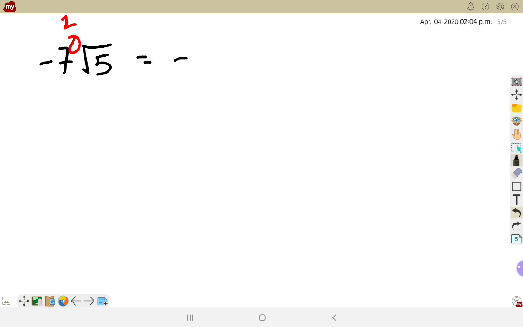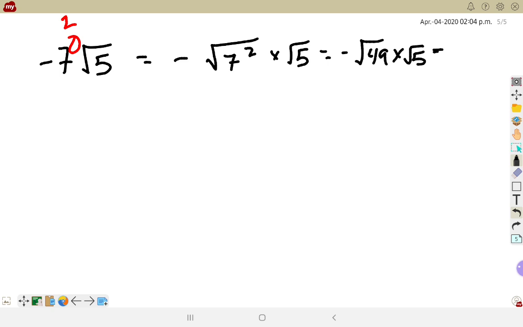I'm going to just leave the negative sitting out front, and then I'm going to write it as the square root of 7 squared times the square root of 5. So that's negative, and then the square root of 49 times the square root of 5, and that's negative times the square root of 245. So I'm just leaving the negative out in front.